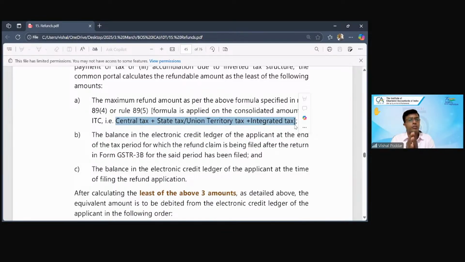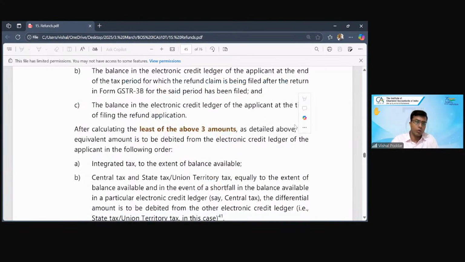And for this consolidated credit ledger balance, you do the formula, that is, do the proportionate calculation. Now, when you do this, you get a refund amount involving all three types of taxes, C, S, I, everything.